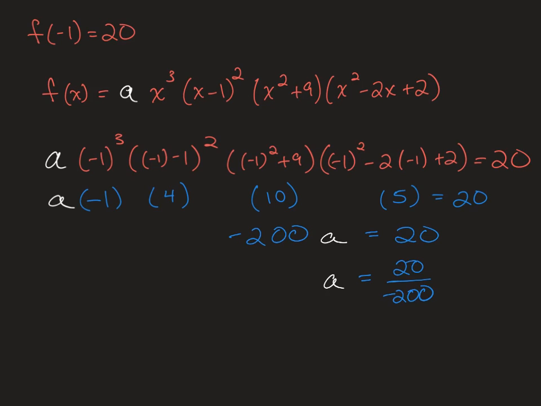Divide top and bottom by 20, negative 1/10. So your final answer here, yes, we're finally there, is the function with this value substituted in for a at the beginning, and then all of the x's, x cubed, and all of your factors that you found from the previous bit of work.